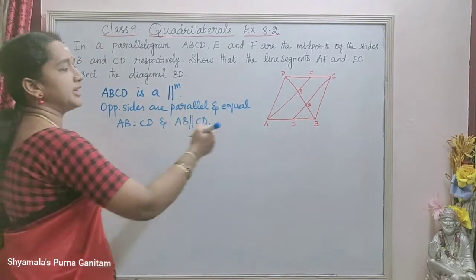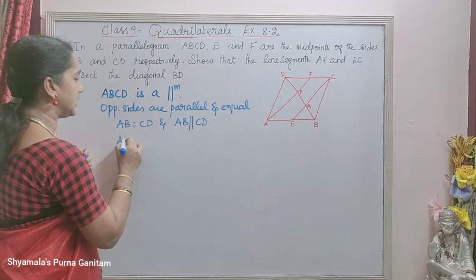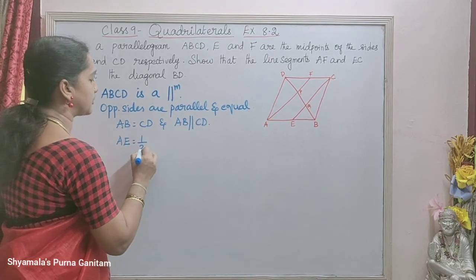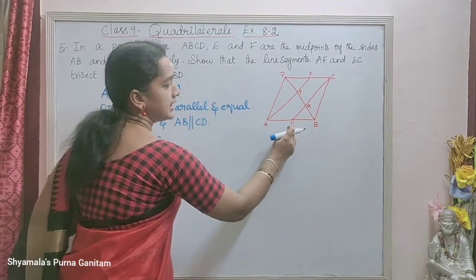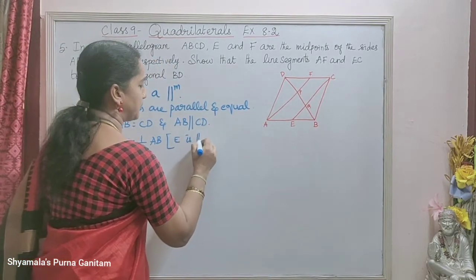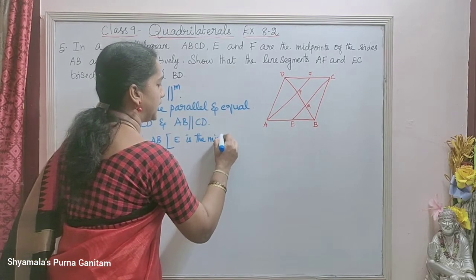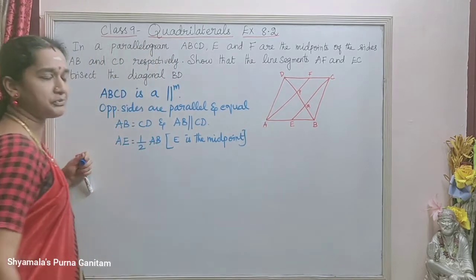Okay, so it is given that E is the midpoint. Since E is the midpoint, we can write AE is equal to half of AB.